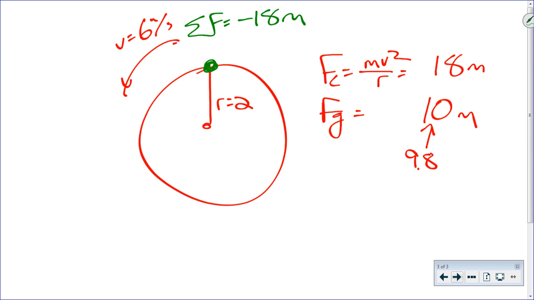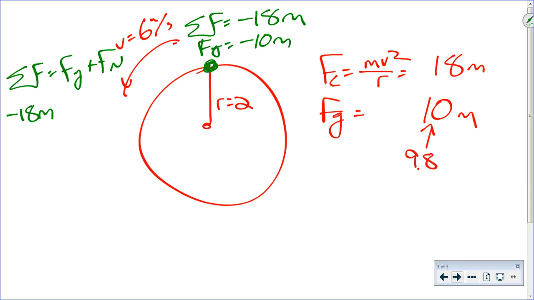And I know that my force of gravity is negative 10m. So net force is force of gravity plus normal force, right? So my net force has got to be negative 18m because that was my centripetal force. My force of gravity is negative 10m plus normal force. Do the math. Add 10, you get your normal force turns out to be what? Negative 8m. Why does the normal force have to be down? Keep going faster. Yeah, exactly.